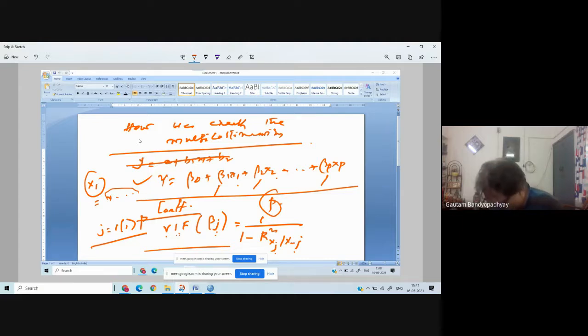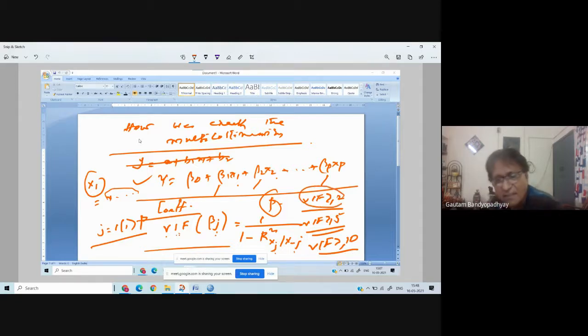There is a validation rule: if the VIF is greater than or equal to 2, then multicollinearity occurs. Similarly, if VIF is greater than or equal to 5, then high multicollinearity occurs. If VIF is greater than or equal to 10, high multicollinearity occurs. In social science we restrict it: if VIF is greater than or equal to 2, multicollinearity occurs.